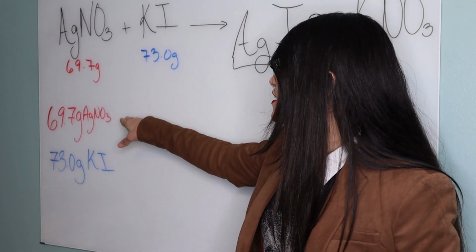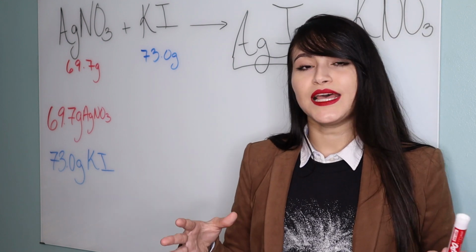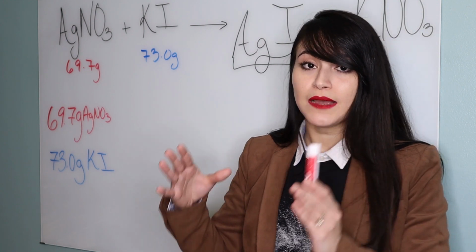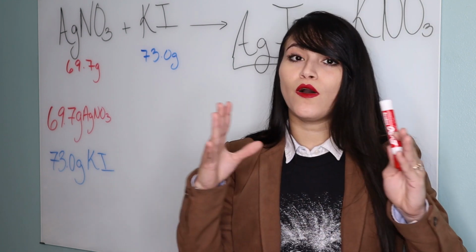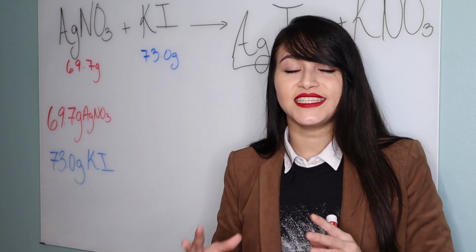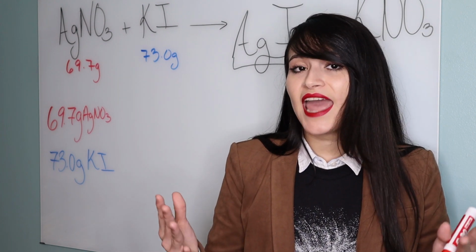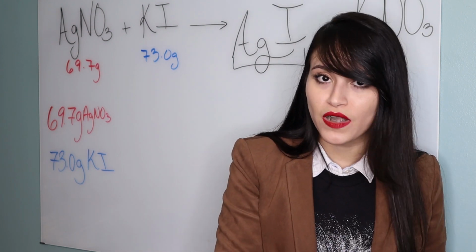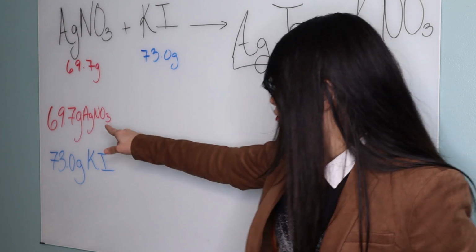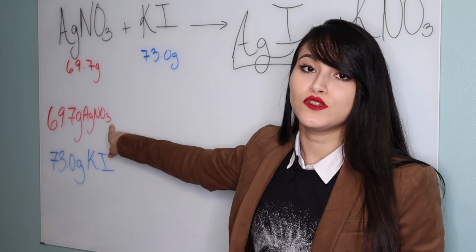So I have over here the grams that I'm starting out with for each of the reactants. And we said before that we're trying to go from grams of 1 reactant to the moles of the reactant, to then use the mole ratio between the reactant and the product so that I can cross out the reactant and come out with the moles of the product. So with that said, we have grams over here of silver nitrate, and we're trying to go from grams to moles.